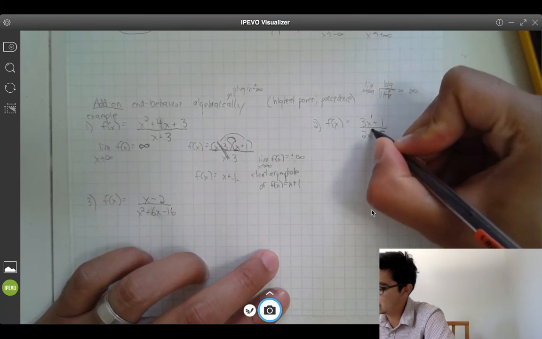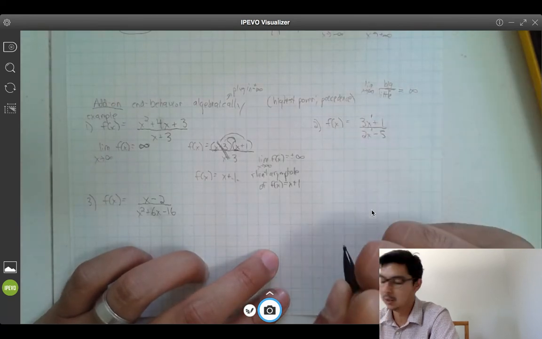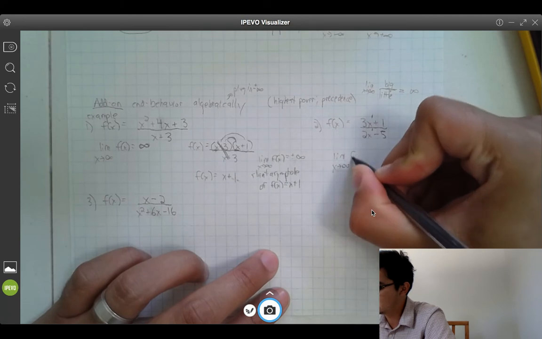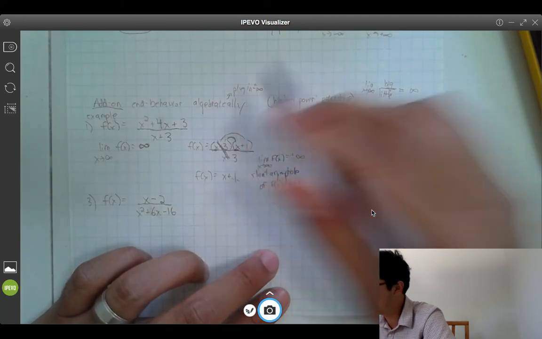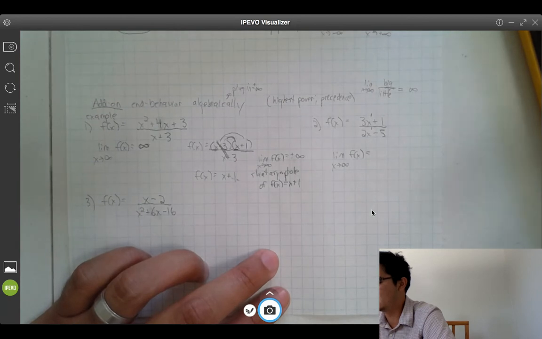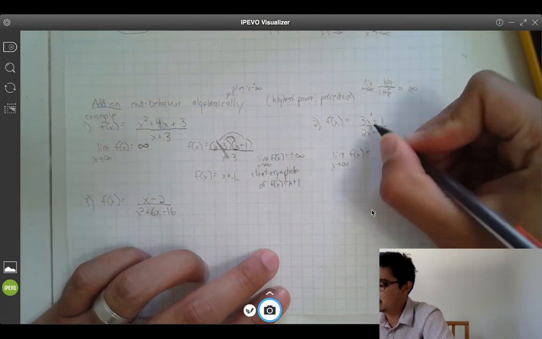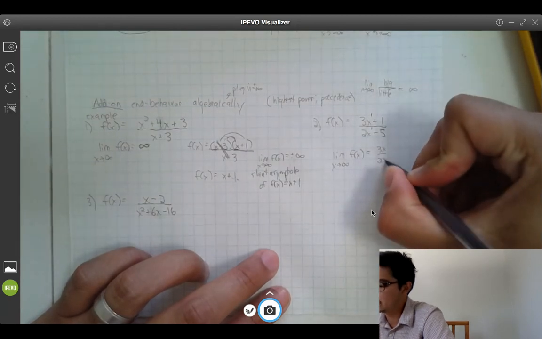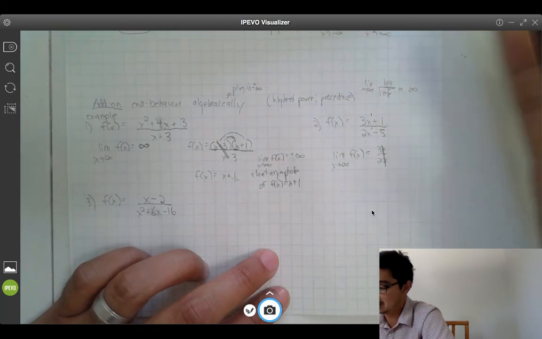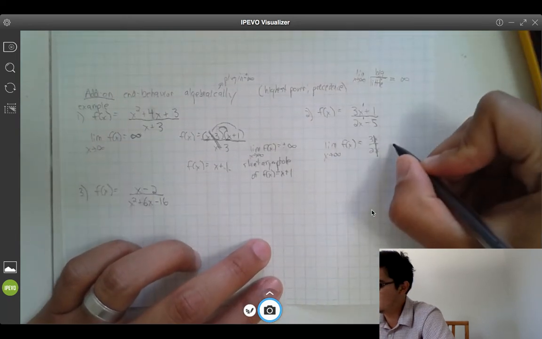Now over here, notice that it's not big over little anymore. The highest power is 1, the highest power is 1, so these are the same. If we look at the limit as x approaches infinity of f of x, and we just try to plug it in, the plus 1 and minus 5 won't really matter on the large scale. What we can do is just look at the 3x over 2x, in which the x's will almost just cancel because it's the same thing on top and bottom, and what you end up getting is 3/2.